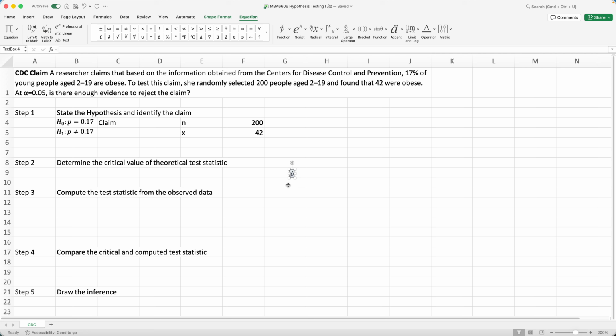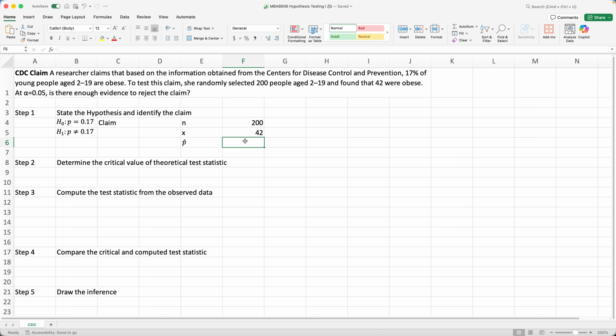P hat is equal to 42 out of 200. So the proportion observed in the sample is 21%. The proportion claimed is 17%. We want to check, is this 21% statistically different from 17% or not.